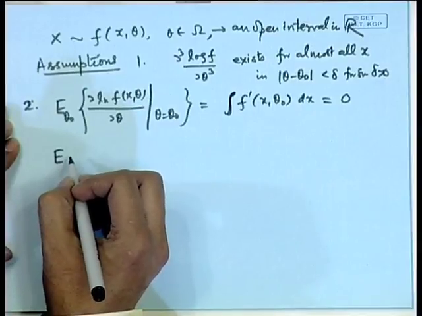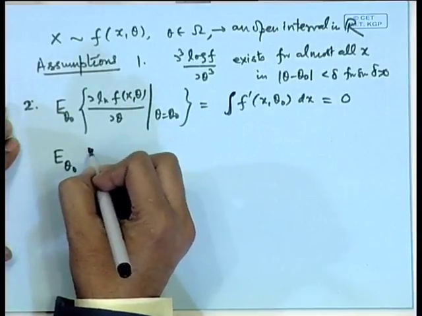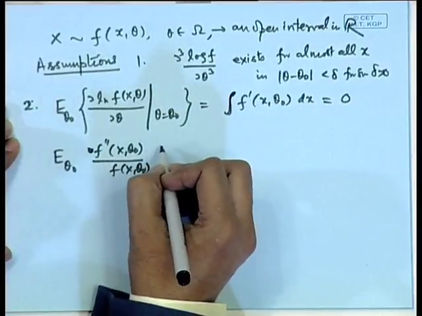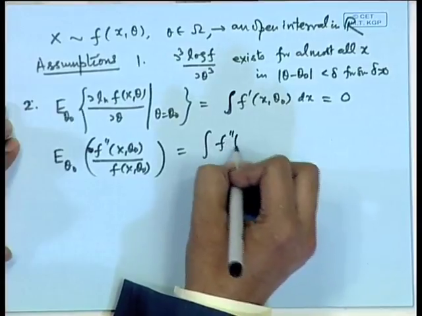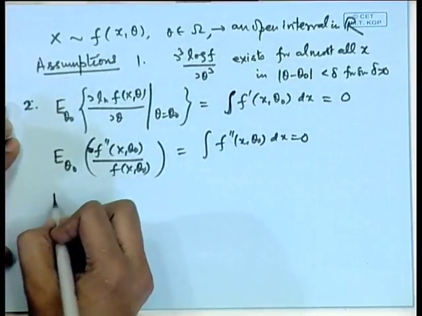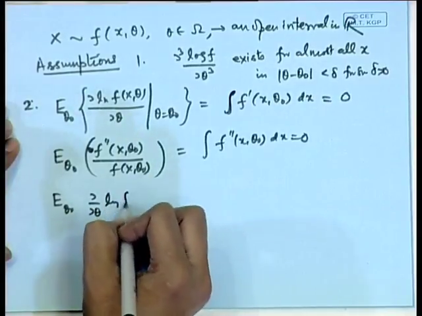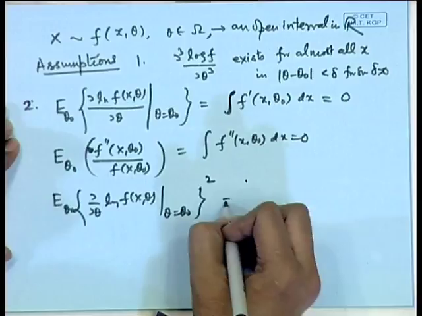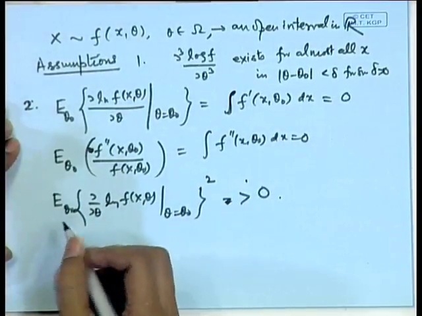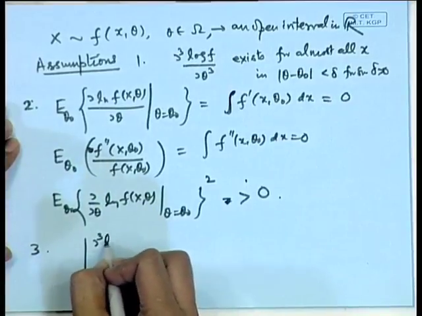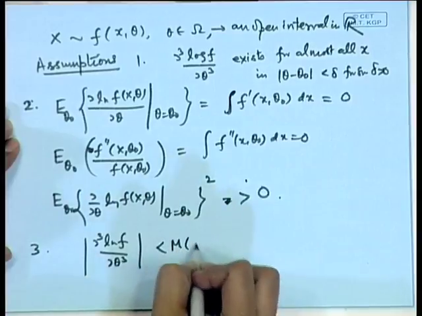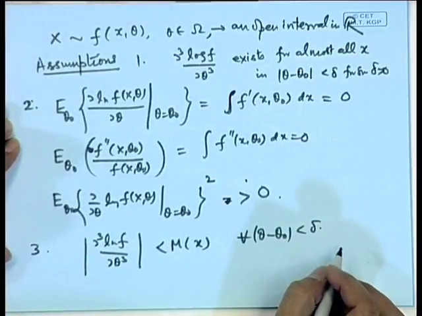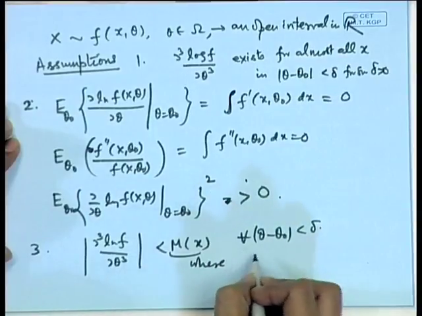So, in particular we assume up to higher order, that means, if we consider f double prime x theta naught by f x theta naught, where this derivative is with respect to theta, then this should also be 0, and this square is greater than 0, and the third order derivative is bounded in a neighborhood of theta naught, where m x is also an integrable function.